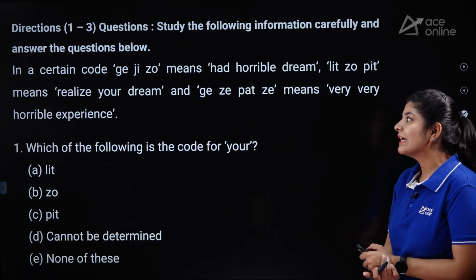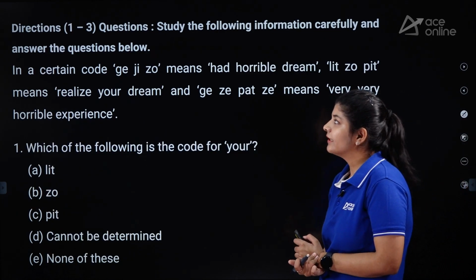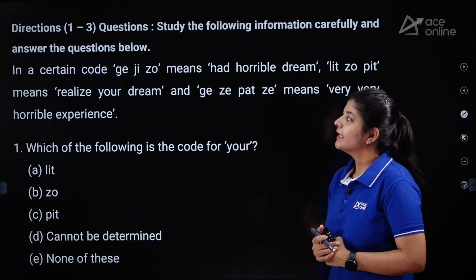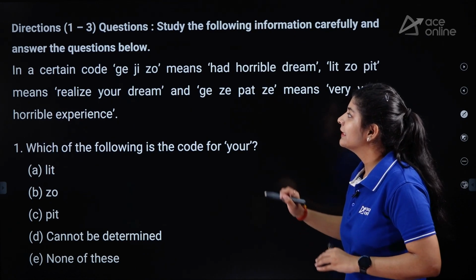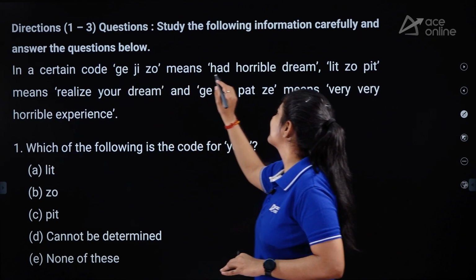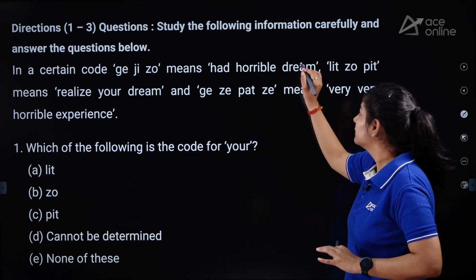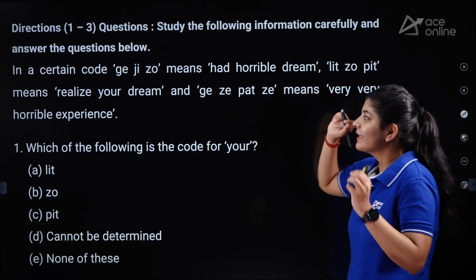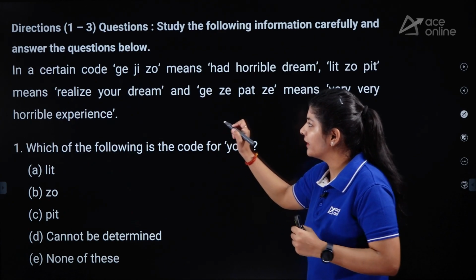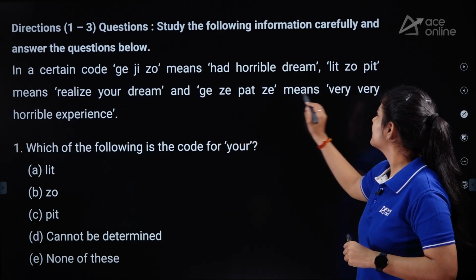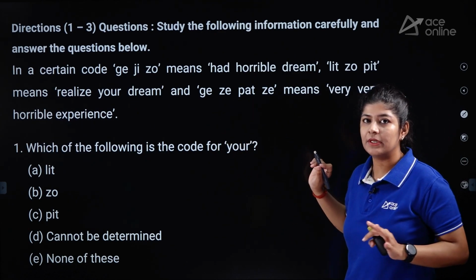Okay, let's start solving it. So here the data says that in a certain code, this means had horrible dream. This means really realize your dream. This means very horrible experience.